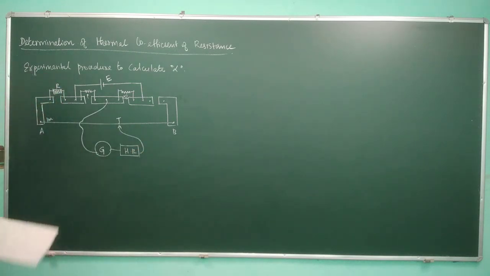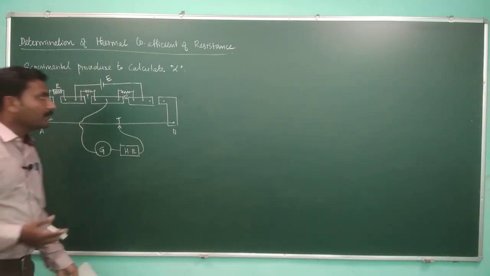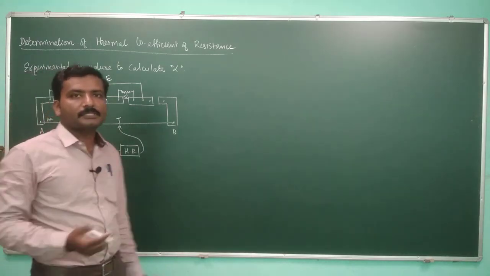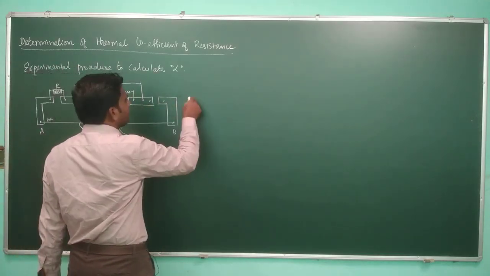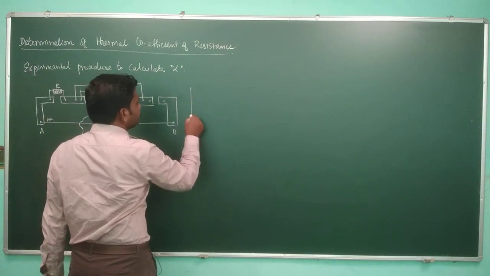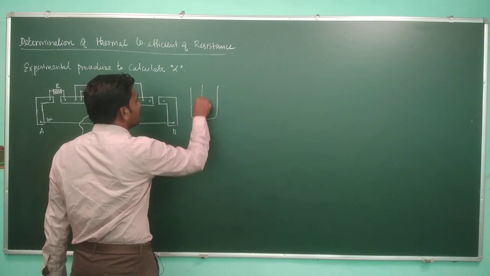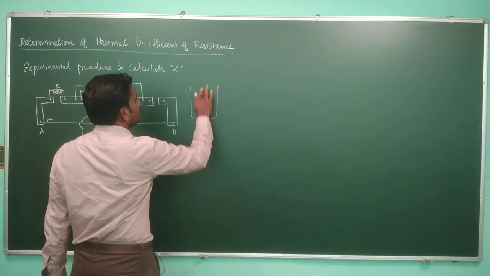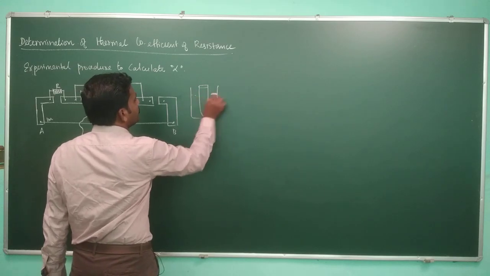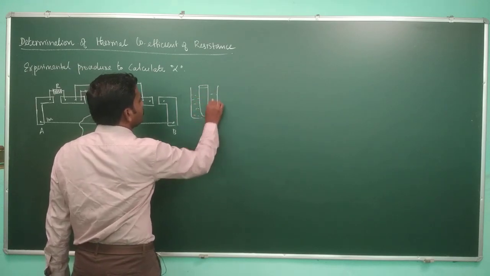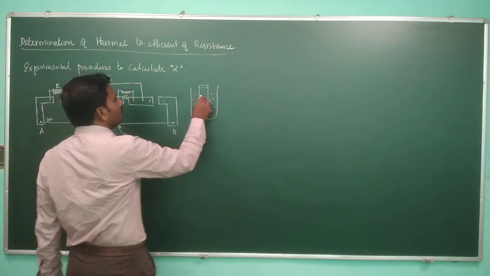We are given a material, say for example a wire, whose thermal coefficient is to be calculated. That wire is taken here, connected in such a way that a beaker is taken, then a glass tube is placed. This beaker is filled with water.